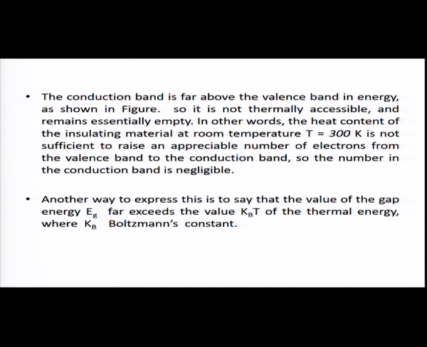Regarding the conduction band, it is far above the valency band in energy, as shown in the figure. So, the conduction band is not thermally accessible and remains essentially empty. In other words, the heat content of the insulating material at room temperature, 300 Kelvin, is not sufficient to raise an appreciable number of electrons from the valency band to the conduction band.